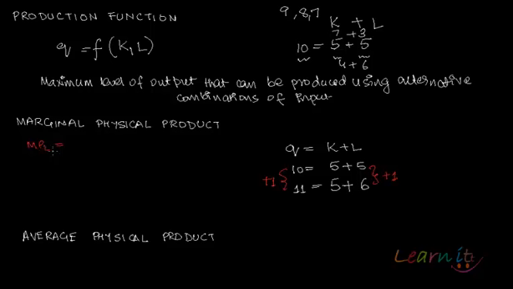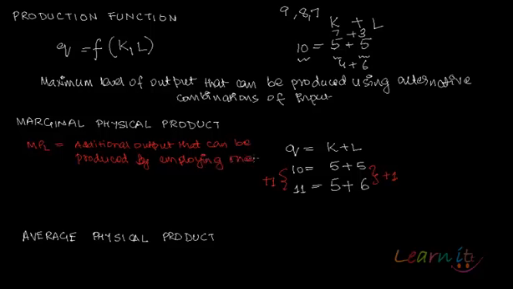The marginal physical product of labor is the additional output that can be produced by employing one more unit of labor.